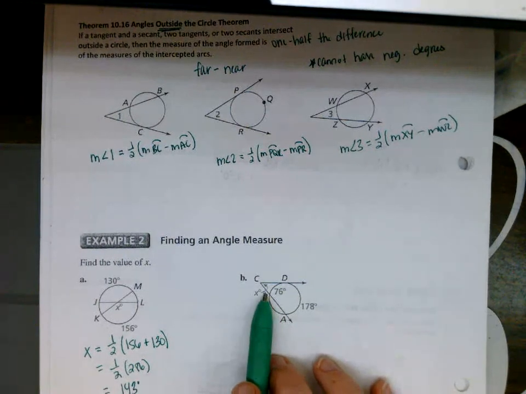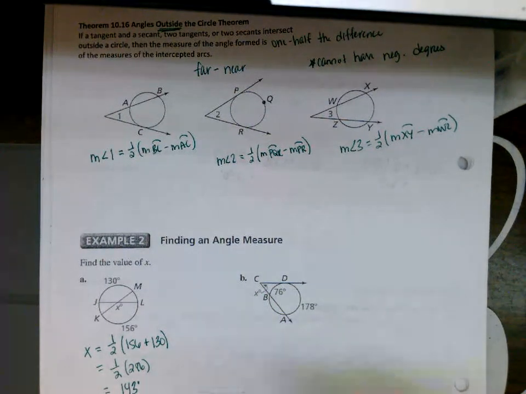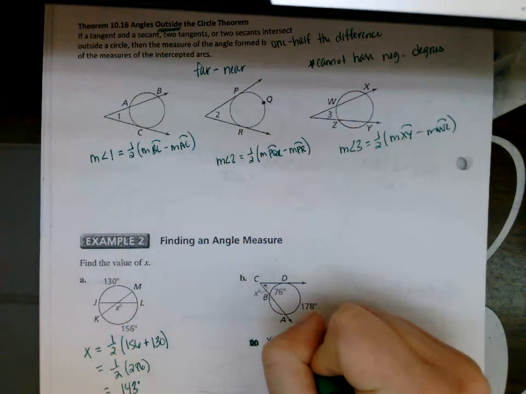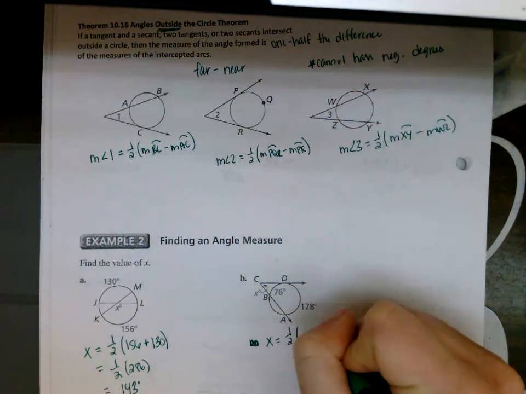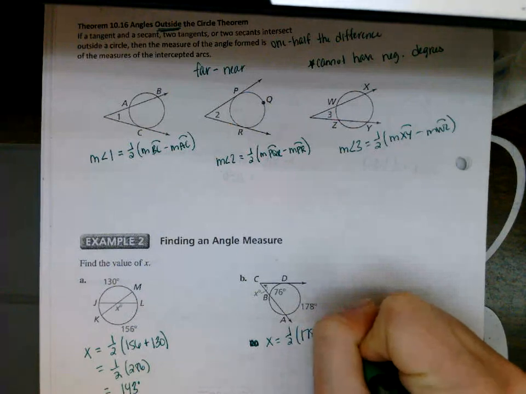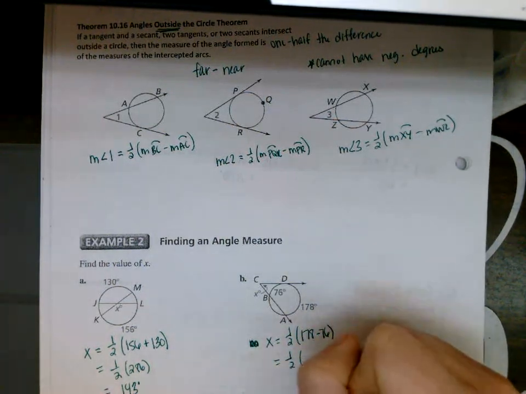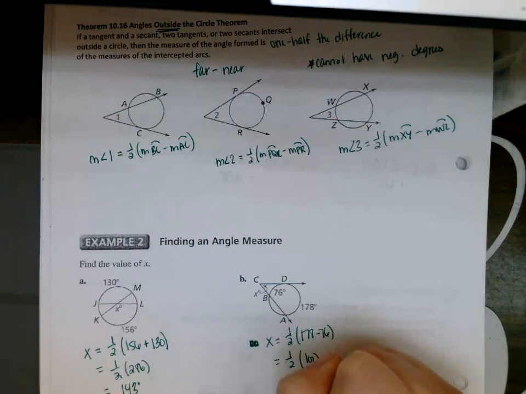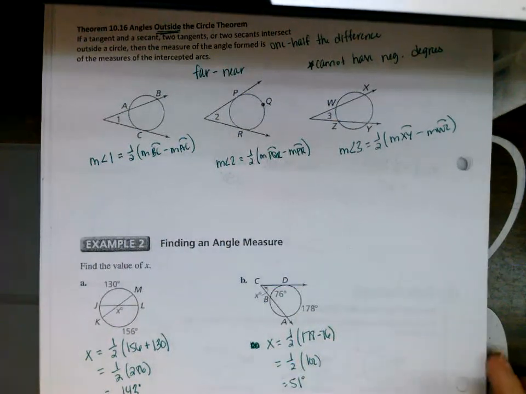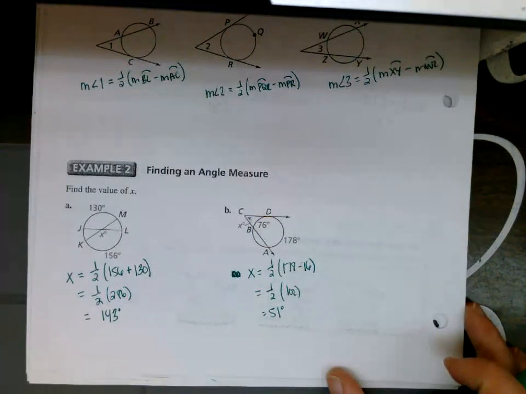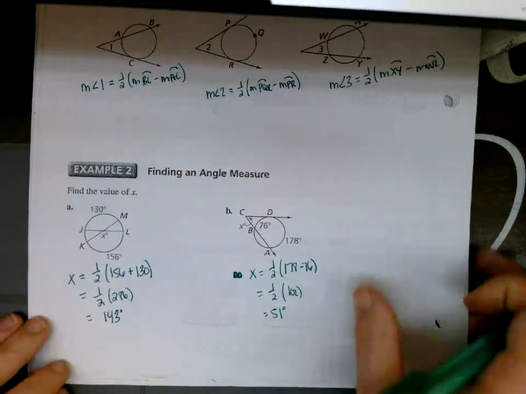Okay, these two intersect on the outside of the circle. So we just need x equals 1/2 of 178 minus 76. So that is 1/2 of 102, which is 51 degrees. Okay, so there are those two for example 2. So go ahead and turn the page then.